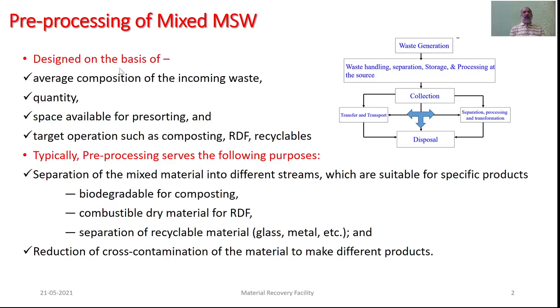The design of this pre-processing, the extent of this pre-processing, will depend on the average composition of the incoming waste, its quantity, the availability of the space for the pre-sorting, and the subsequent target operation that we wish to go for, such as composting, refuse derived fuel or recyclable collection.